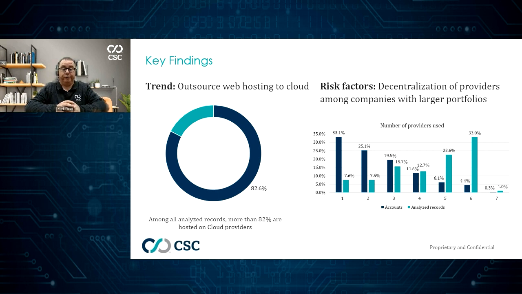And the majority of them have larger portfolios with thousands of records. So I think what it's showing is that companies with large portfolios may not have centralized management of their cloud providers. And that makes it a challenge for them to have a good oversight of all of their DNS records.